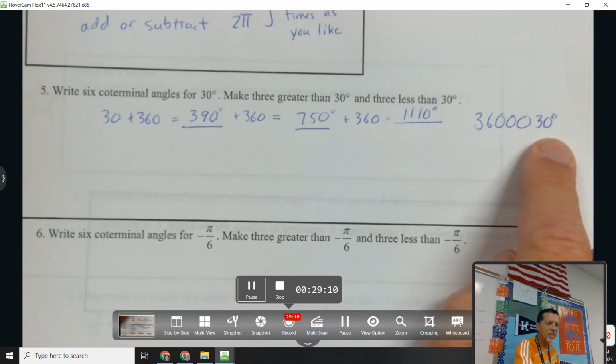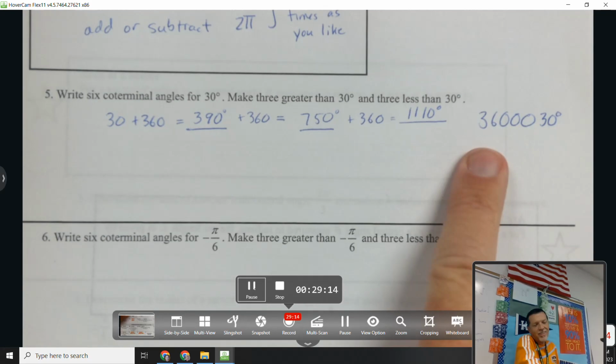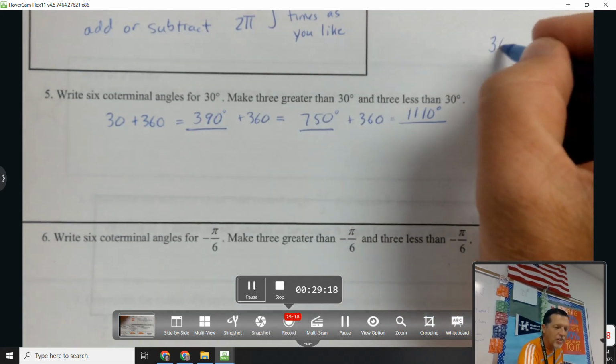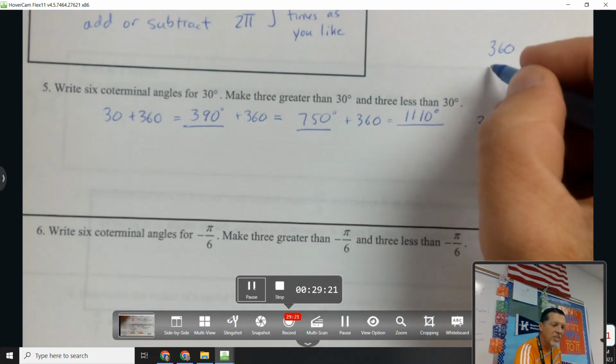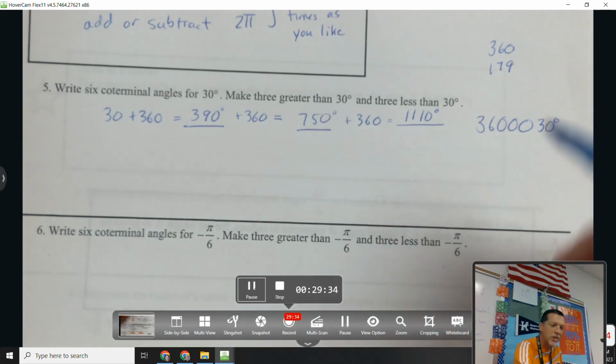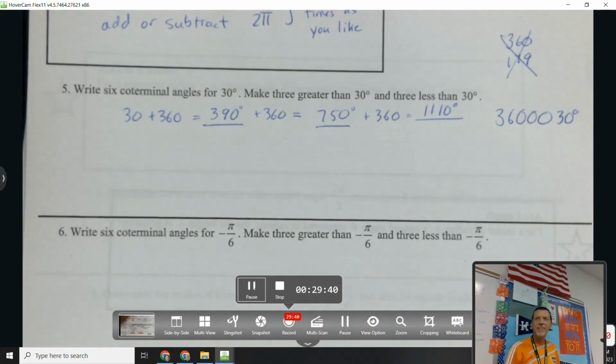So yes, that is coterminal. And that's not bad, because I can tell by looking at what that is. What students like to do to jack with their teacher is to do like 360 times 179, but of course not show the work. Just do that out to the side, add 30 and box that answer up, and force me to figure out, I don't know, is that or is that not? I've got to go do some work to figure out if it works or not. The people that are smiling are the ones that would be doing it probably and enjoying it.